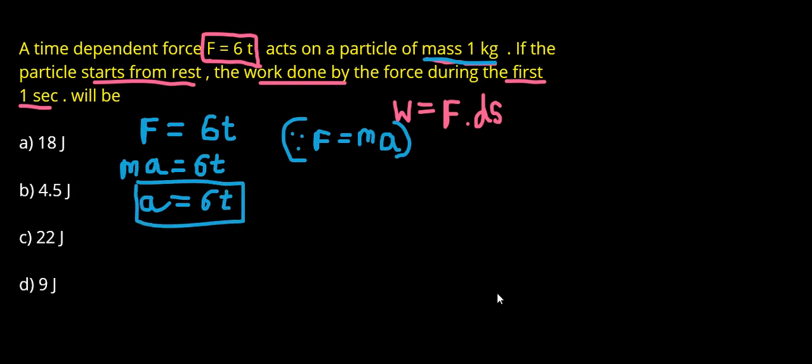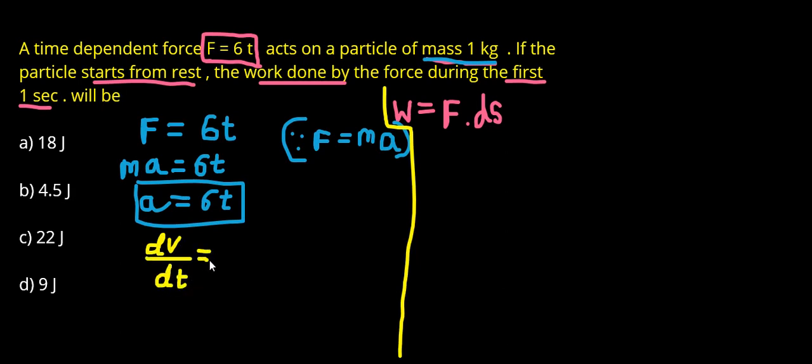This is the value we found right here, and I'm continuing this equation. We know that a is equal to 6t. Acceleration can be written as dv by dt, the rate of change of velocity, which is equal to 6t.